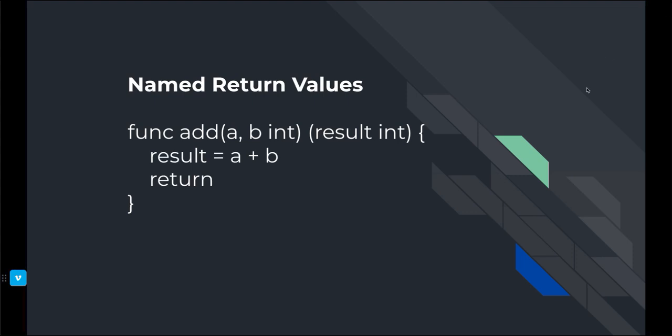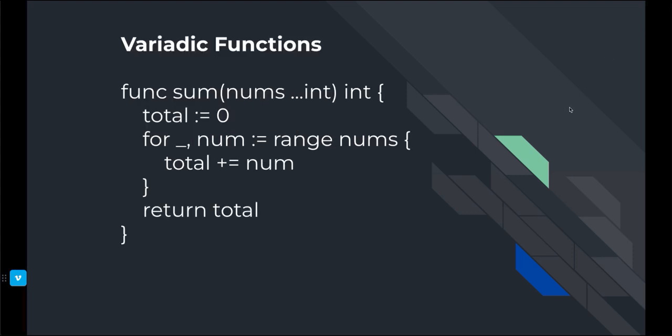Let's see about variadic functions. In this code, the function sum with nums of int defines a variadic function, which means it can take a variable number of arguments. Nums of int means you can pass in any number of int arguments to sum, for example sum 1, 2, 3 or sum 10, 20, 30, 40.